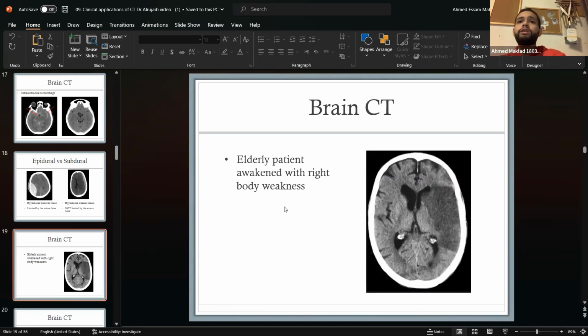All right, what can you guys see here? Yeah, this is ischemia of the middle cerebral artery territory. This is the anterior cerebral artery territory. No, it's not edema.